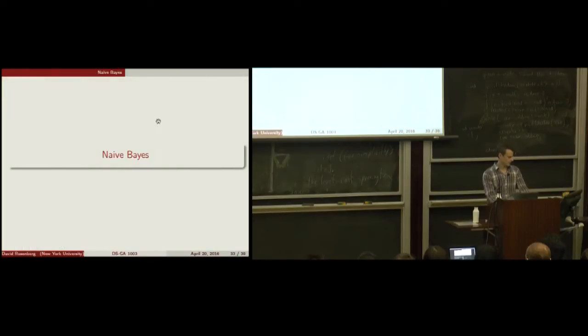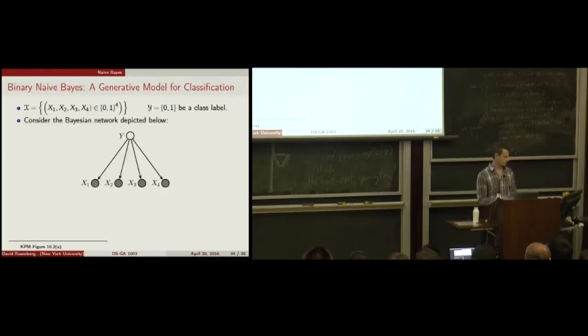Okay, so let me give a first example of a Bayesian network that people actually use in machine learning. It's probably the simplest model. It's called naive Bayes. I think Levent will talk about it in more detail tomorrow, but I'll just sketch out the picture for you. This is actually a binary naive Bayes example.